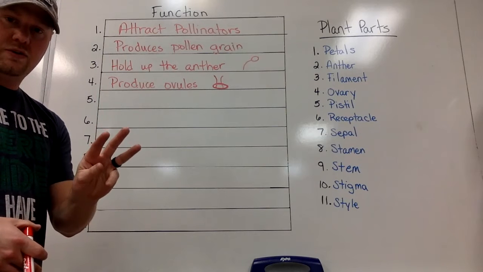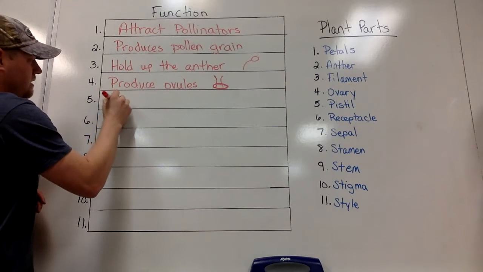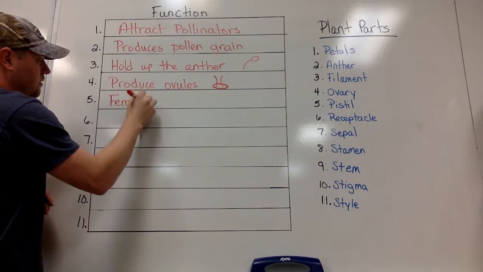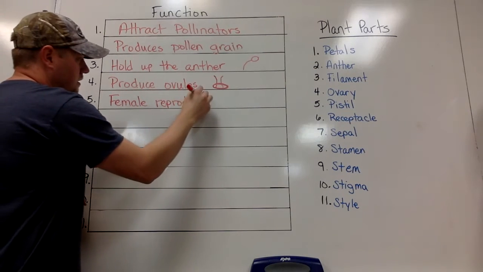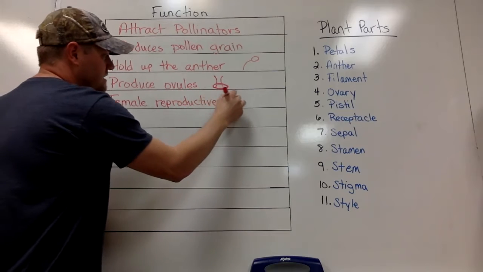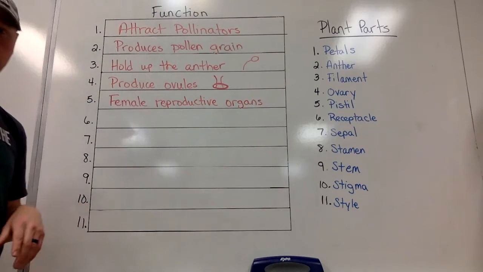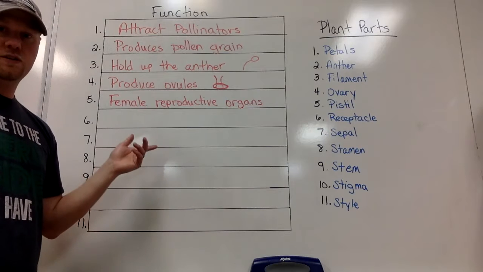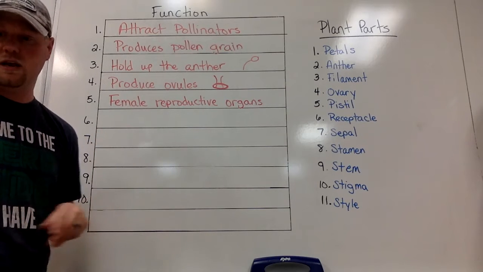And we'll get to those other 2 in just a bit. But the pistil itself, guys, those are going to be the female reproductive, and I'm going to use the word organs, even though technically it's not an organ, but it's a good word for us to use. So the pistil is going to be the female reproductive organs, all 3 of those parts that I just said, okay?